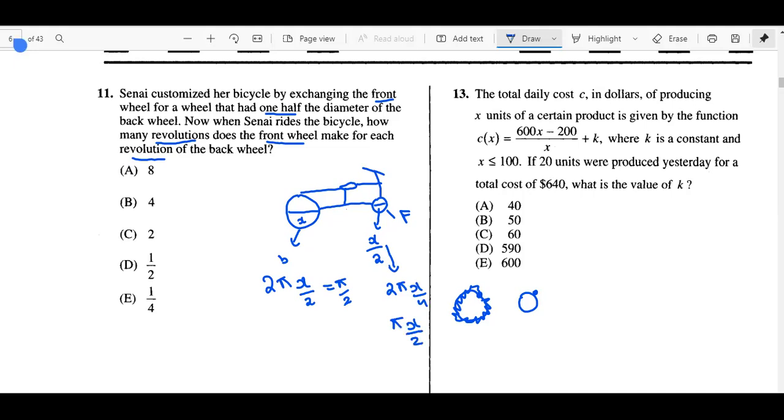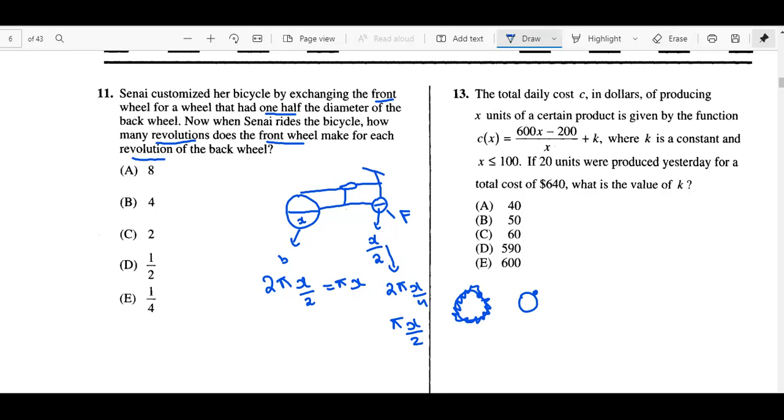Right. So I am getting pi x for the back wheel, and pi x by 2 for the front wheel.